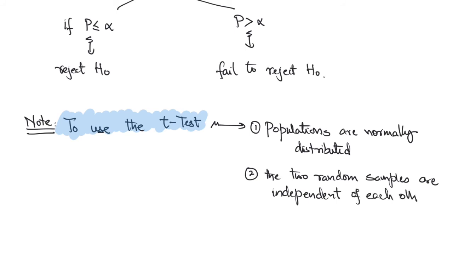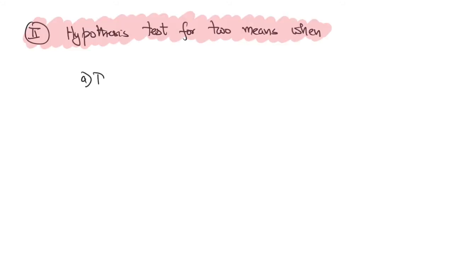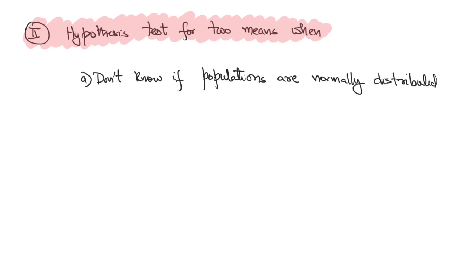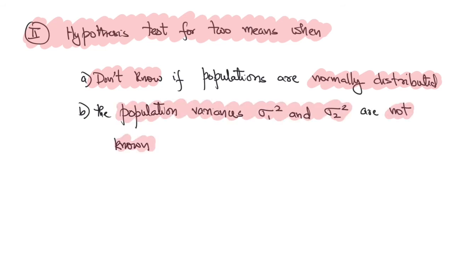We next move on to hypothesis tests for two means when we might not have information about the distribution of the population. That is, we don't know if the population is normally distributed. And we will also assume that we do not have any information about the population variances sigma 1 squared and sigma 2 squared.